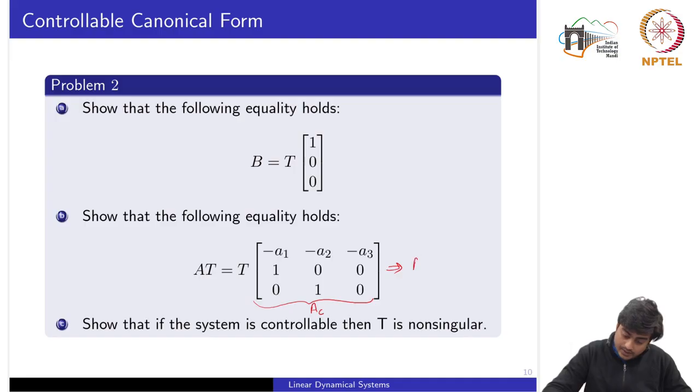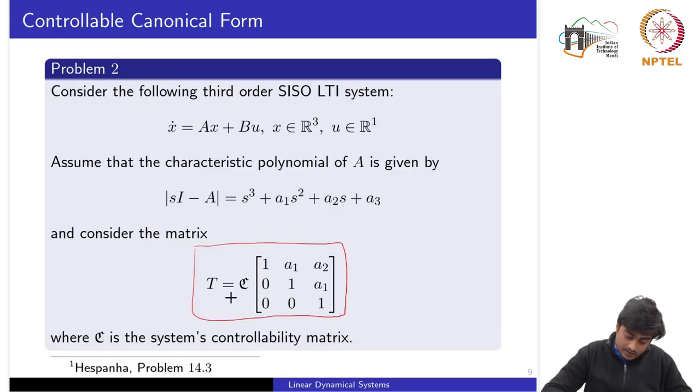So I can write AC as T inverse AT, which is nothing but the same equation we have used to compute the controllable form. The first way of computing the transformation matrix, as we had seen in problem 1, is by computing the Q vector and then determining the transformation matrix.